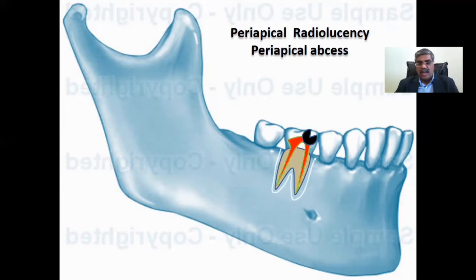And once it is necrosed, the necrosed products are released to the periapical area. And if the virulence of the microorganism is more and the host defense is less, it may result in the formation of a periapical radiolucency, which has ill-defined margin or irregular margin. There will be loss of continuity of the lamina dura. This is how a periapical abscess evolves.